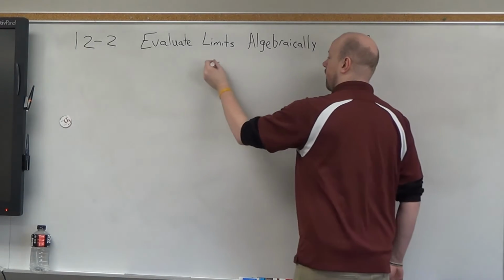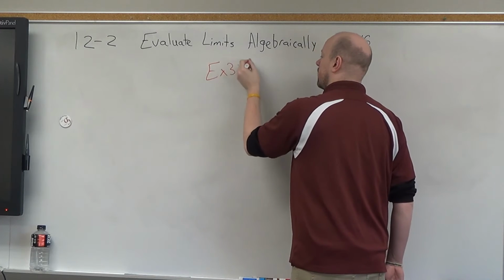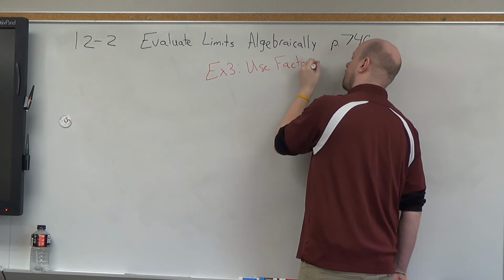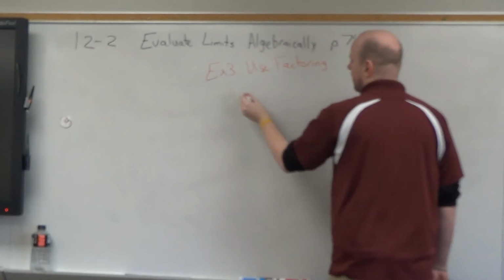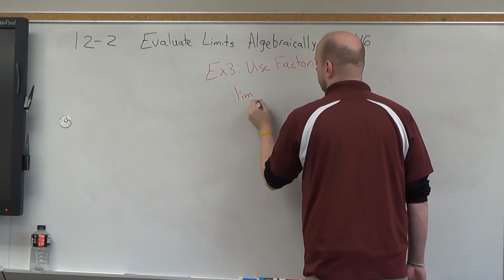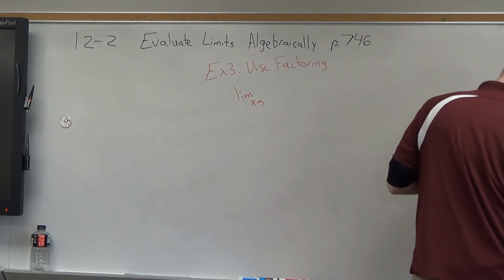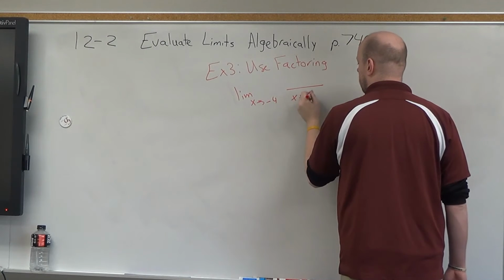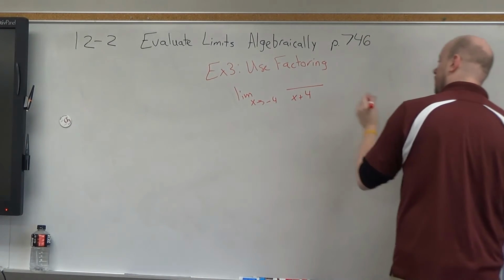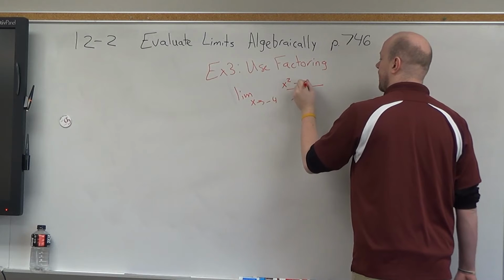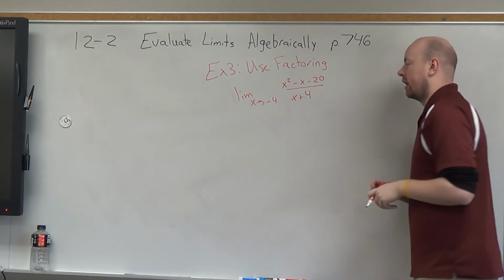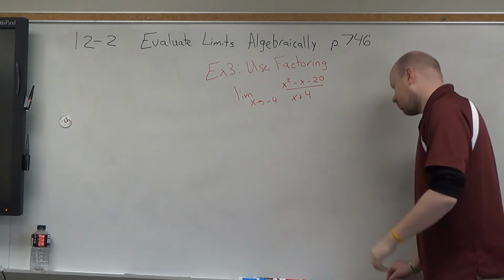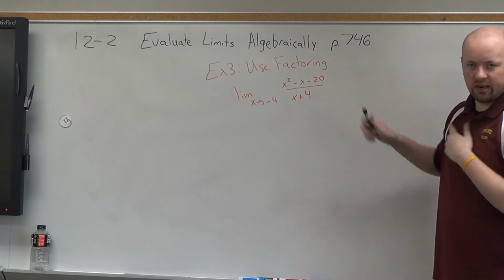Example 3, use factoring. Let's say we have the limit as x approaches -4 of x squared minus x minus 20 all over x plus 4. Now, if we didn't know it was an indeterminate form, we check it.